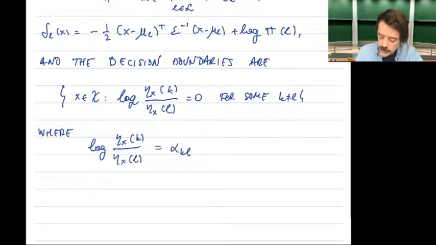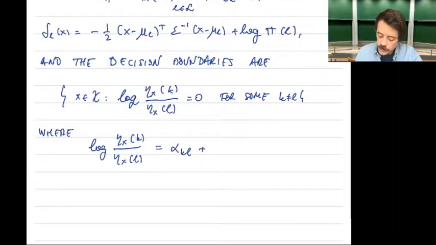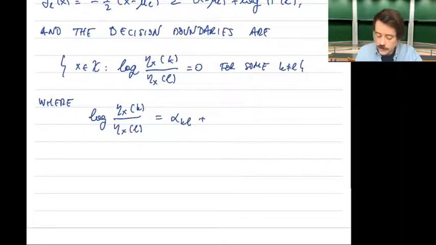So it can be written as a constant depending on the labels that we're considering, plus x times some parameter.